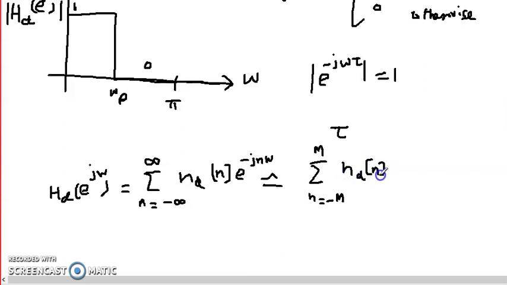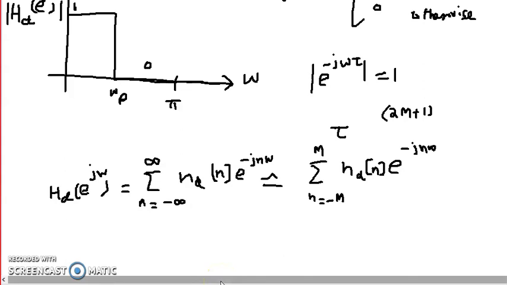We are assuming HD(n) to be finite, of length 2m plus 1, arbitrarily. We have assumed this. Okay.